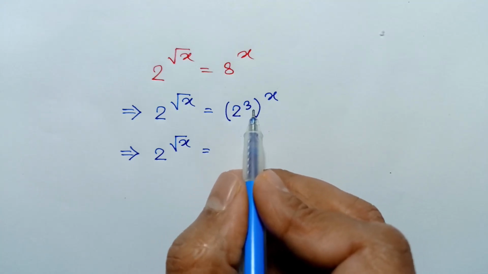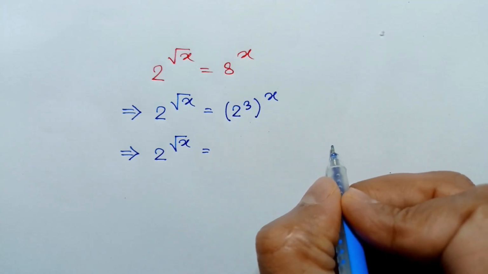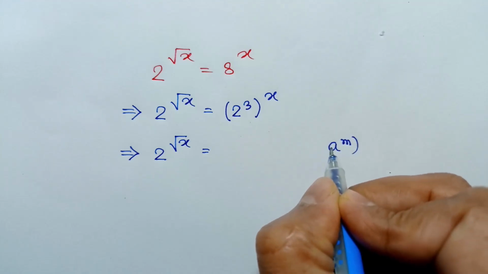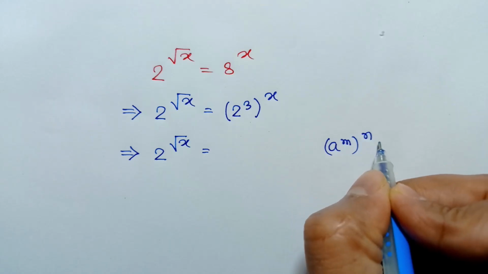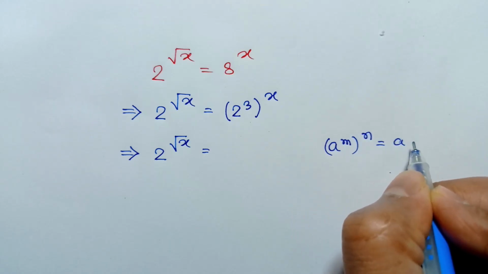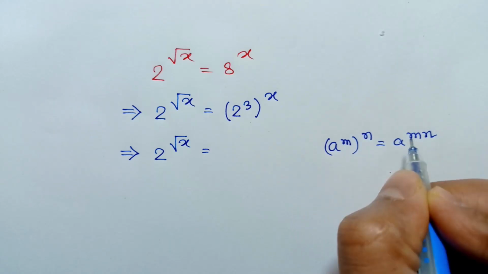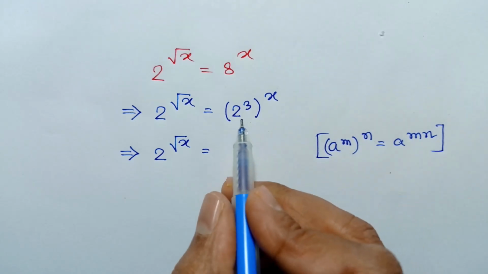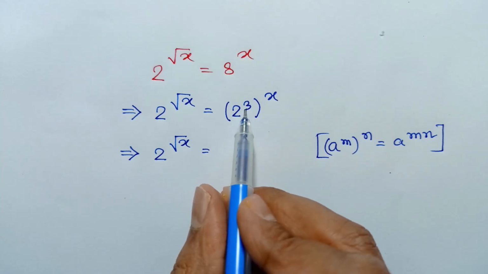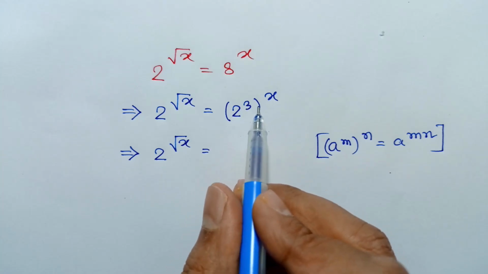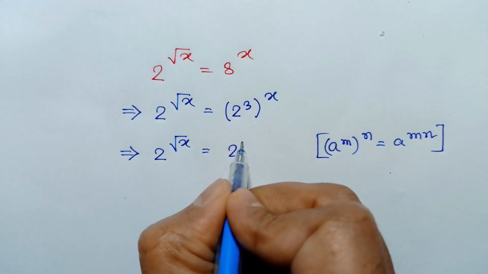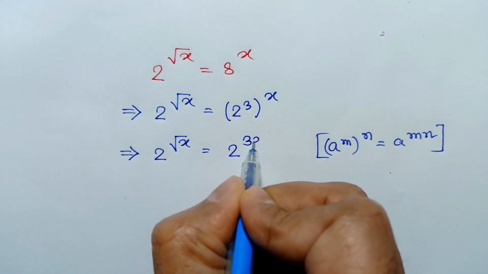So 2 to the power square root of x is equal to 2 to the power 3 whole to the power x. According to this exponential formula, a to the power m whole to the power n is equal to a to the power mn. Applying this formula here, we can write 2 to the power 3 whole to the power x as 2 to the power 3 times x, so 3x.